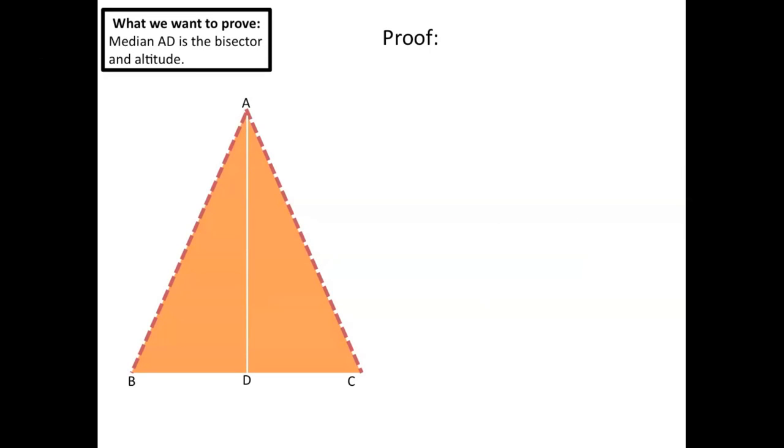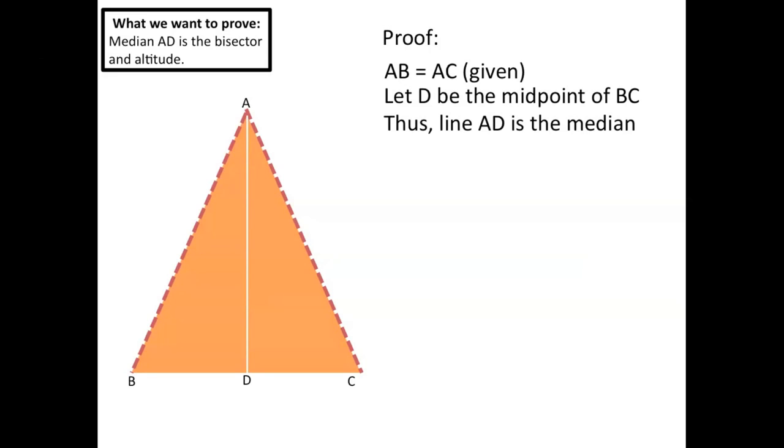So beginning with our proof, we already know that AB and AC are equal, and since we said earlier that D is the midpoint of BC, AD is the median. So keeping all this in mind, we know that BD has to be equal to CD because D is our midpoint.